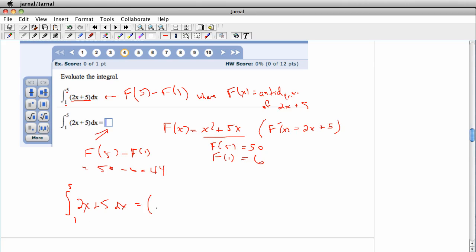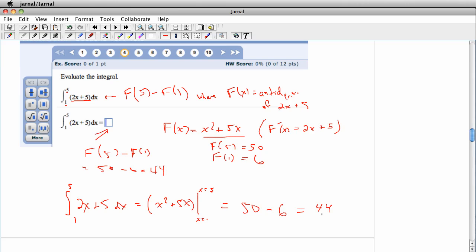You might see someone just write down an antiderivative of the integrand and then put a vertical line and write x equals 1 to x equals 5. And what they mean by that is to do that subtraction problem, to put 5 in for x, which would be 50, and put 1 in for x, which would give you 6, and subtract.